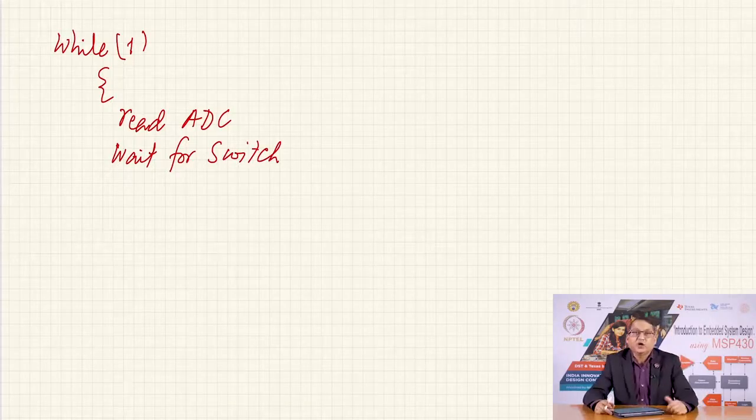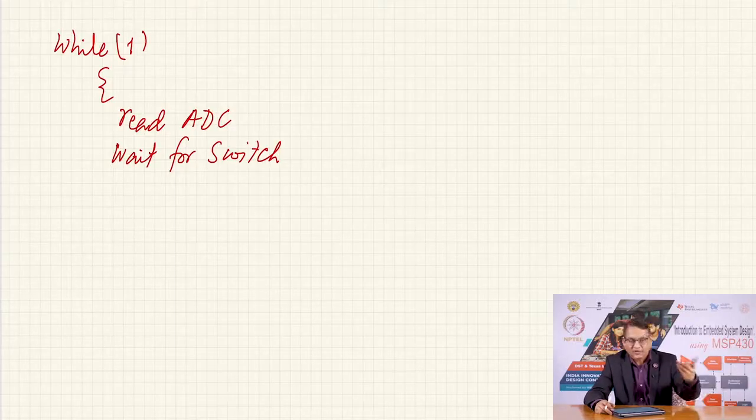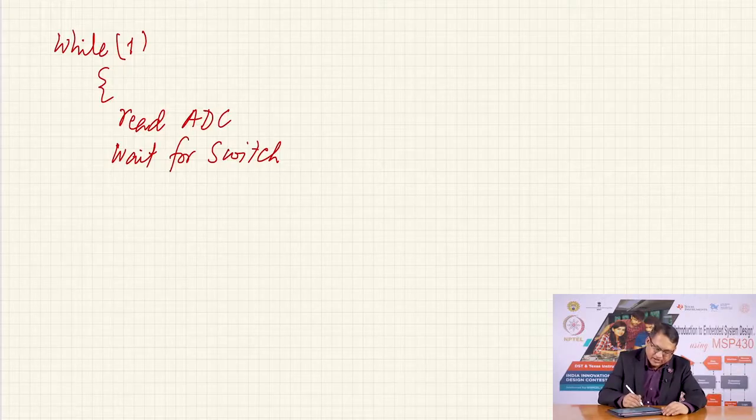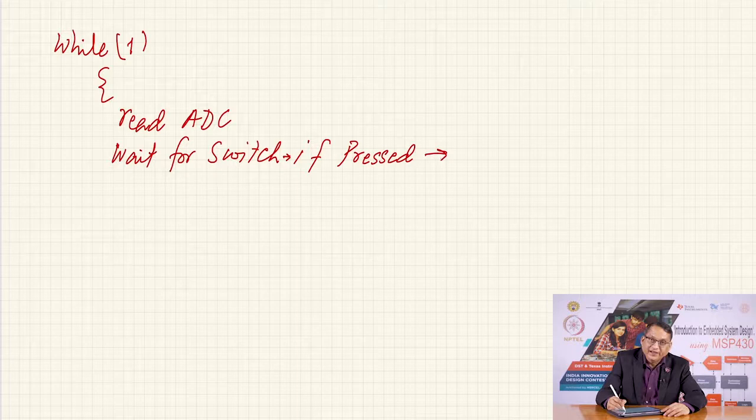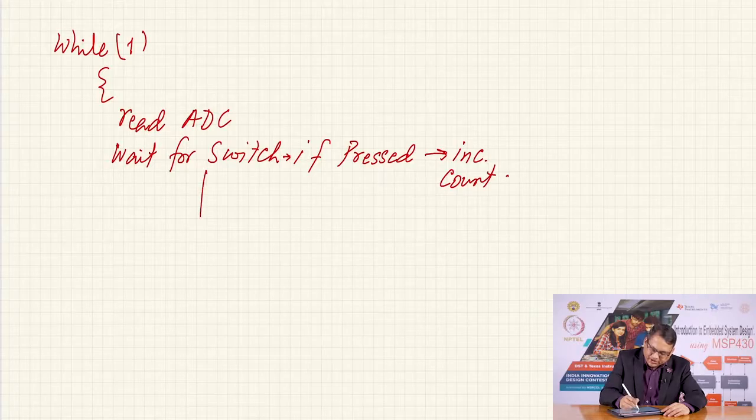Now, what if the switch is not pressed? If the switch is not pressed, of course, you still have to display whatever the last value of the count, and therefore, you can say alright, nobody has pressed the switch. If the switch is pressed, wait for it to be released and then increment count. If it is not pressed, you come here directly.